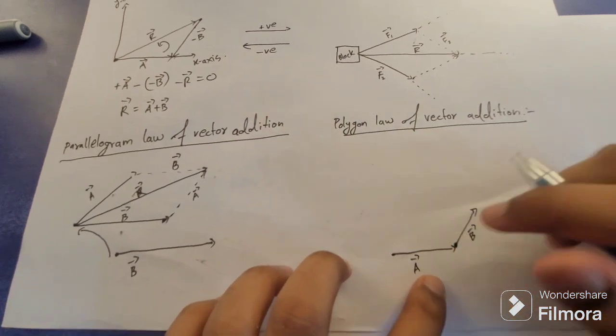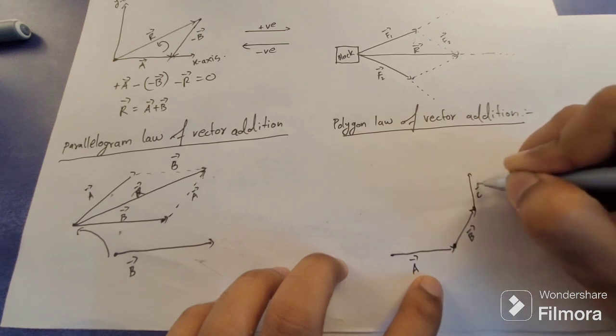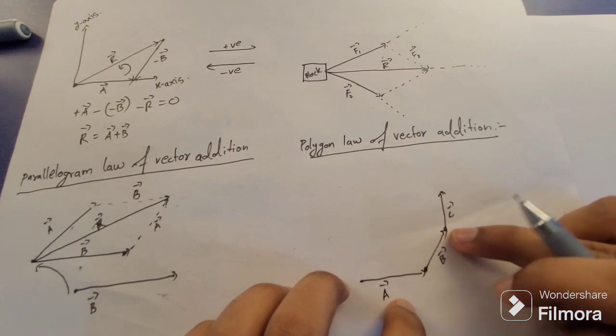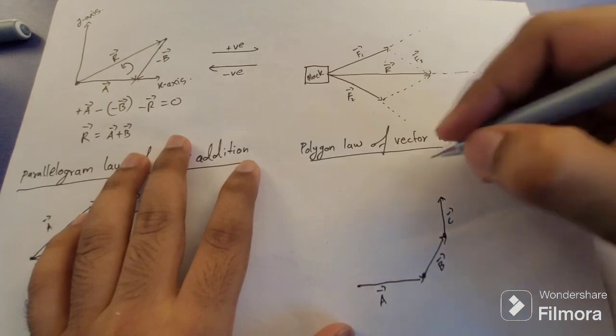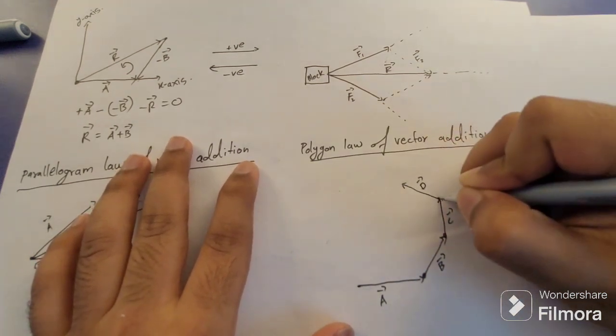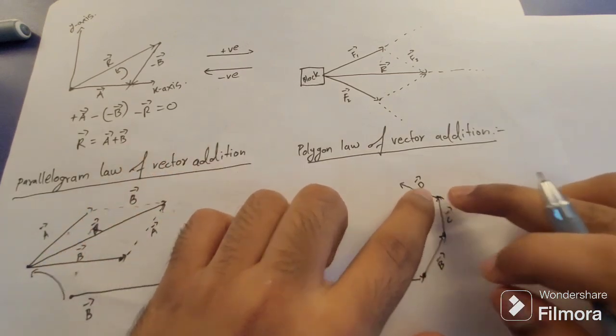Let us say I have another vector, c vector. Again, the head of b vector is coinciding with the tail of c vector. And let us say I have another vector, d vector. Again, the head of c vector is coinciding with the tail of d vector.